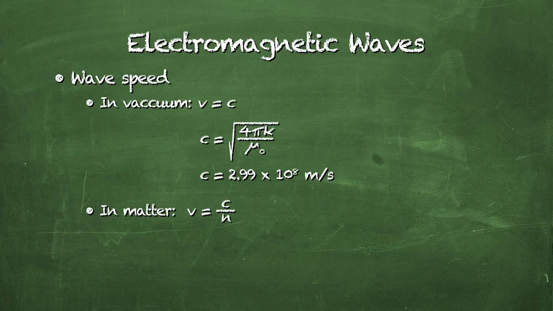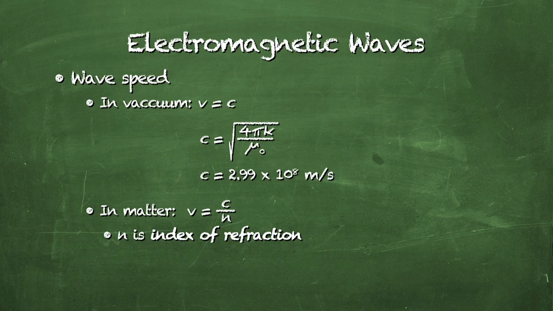In matter, n will be something greater than 1, so that the speed of electromagnetic waves is something less than the speed of light. We call n the index of refraction, and you'll see why later on. But that is the name of this constant n, the index of refraction.